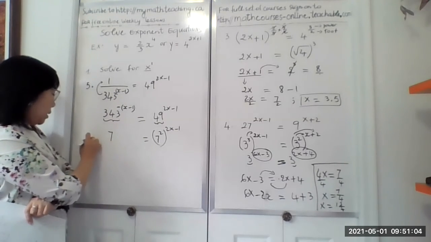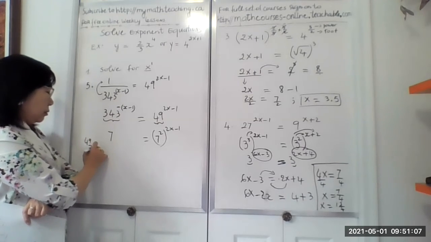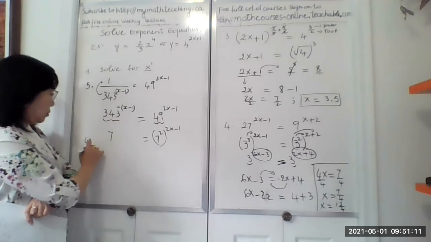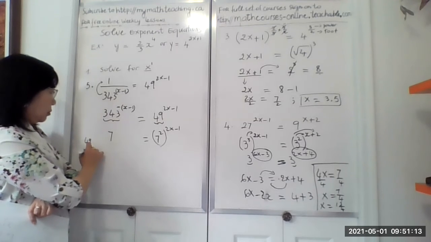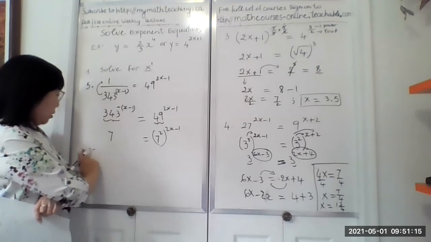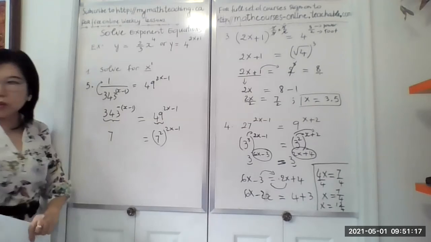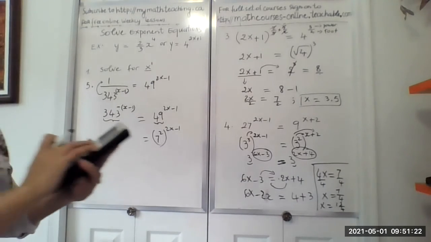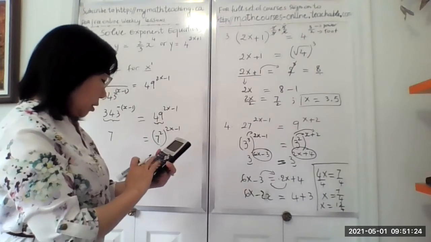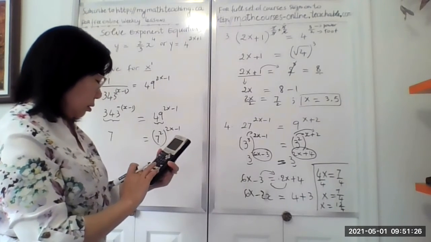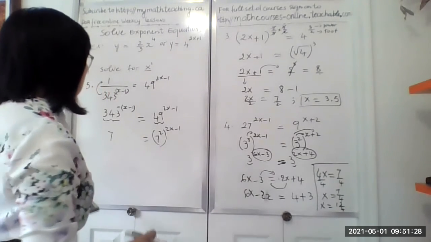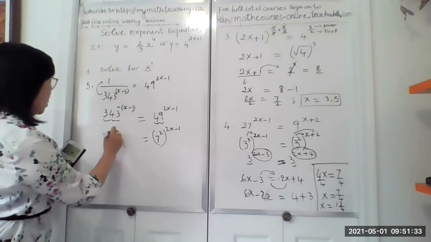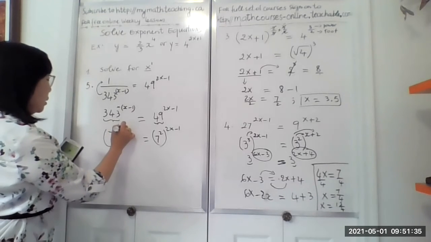Is that right? 49 times 7. No, maybe to the power 4. Okay, let me check. 7 to the power 3, yes, 7 to the power 3 is 343. So this is 7 to the power 3.